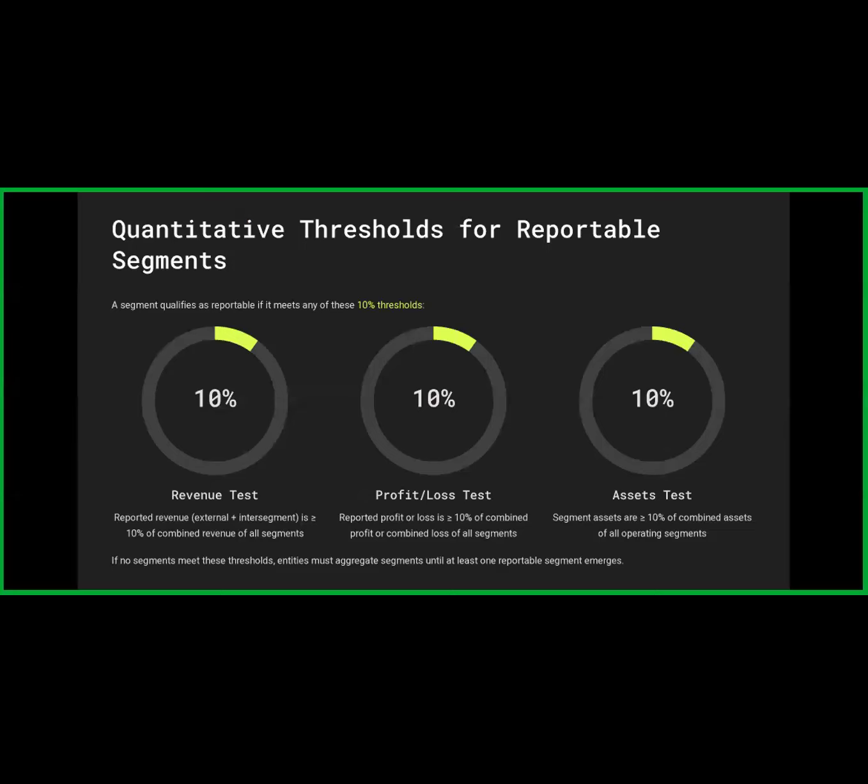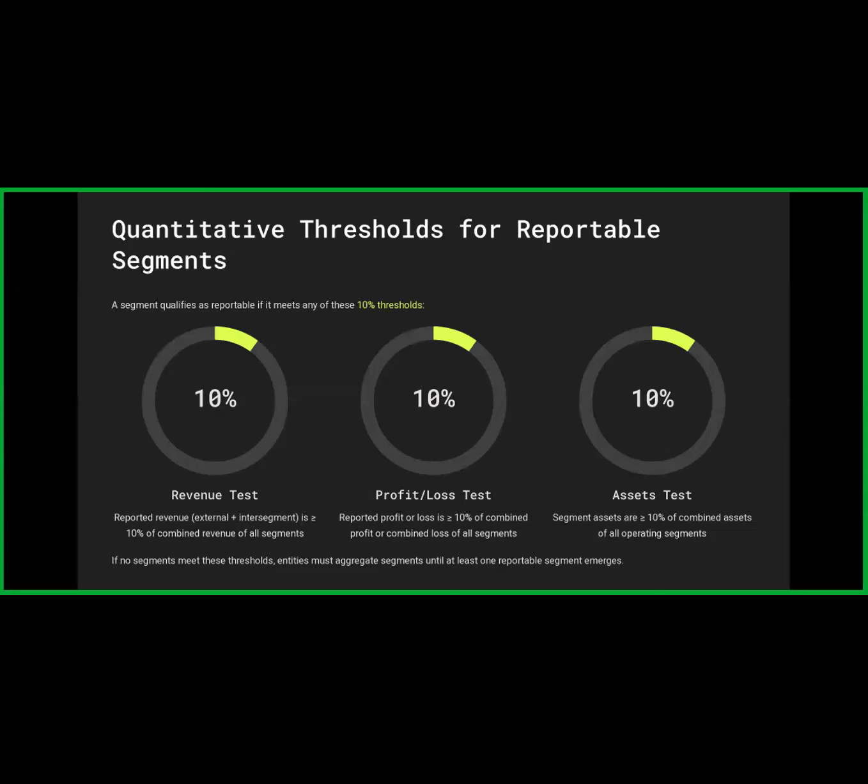Here also one eligibility criterion is given to us. If any specific segment is generating revenue of more than 10%, then we call it an operating segment. Here, if you see the diagram, that is the quantitative threshold for a reportable segment.